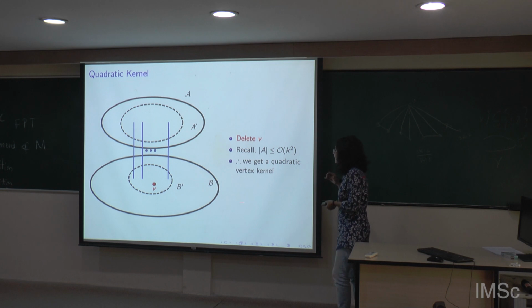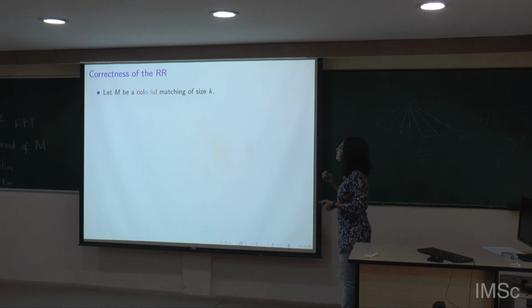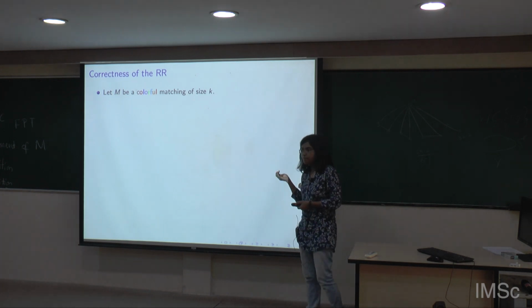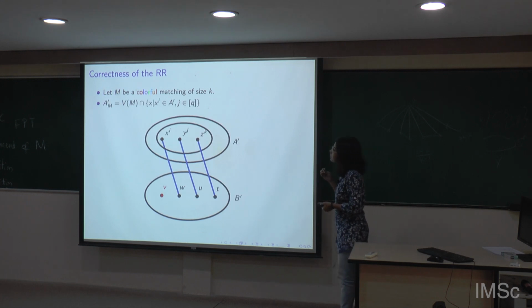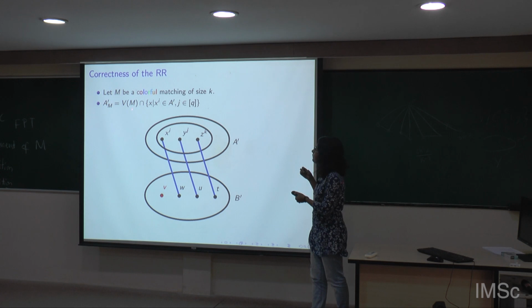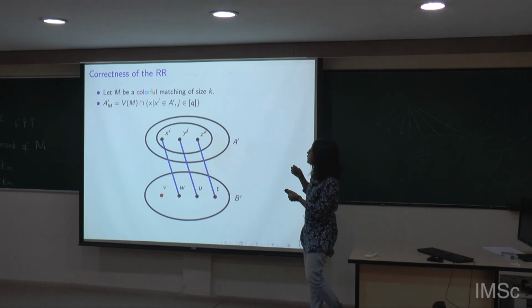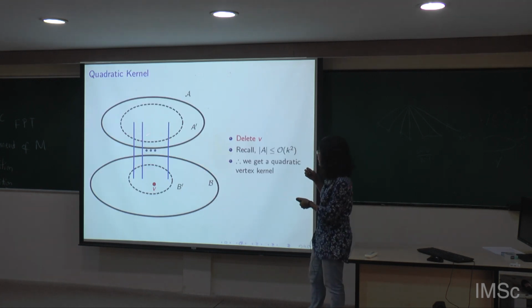Now let's see why deleting this vertex v is safe. Again, suppose we have a colorful matching M of size k, and A prime M is the set of vertices of M which, so what did I do? I had this set A prime here, right?